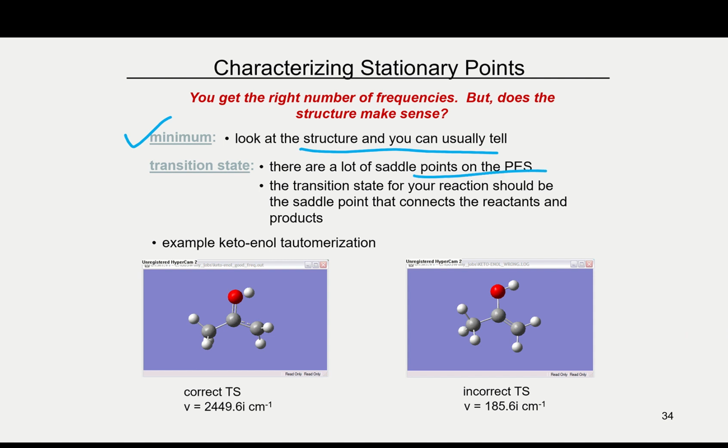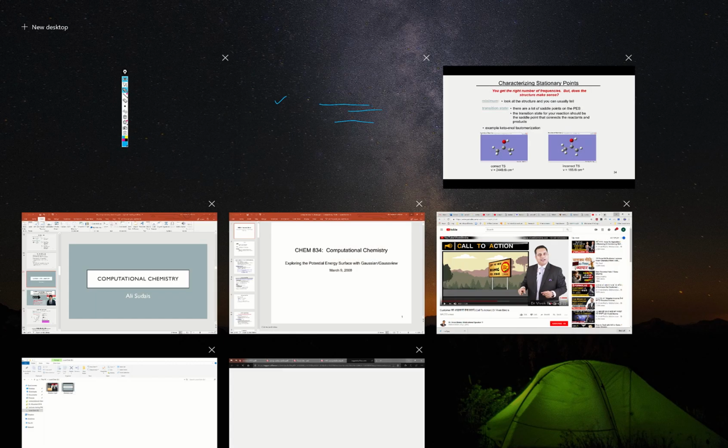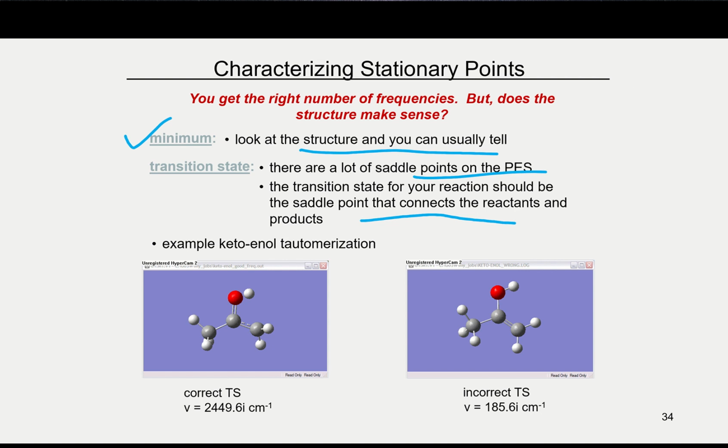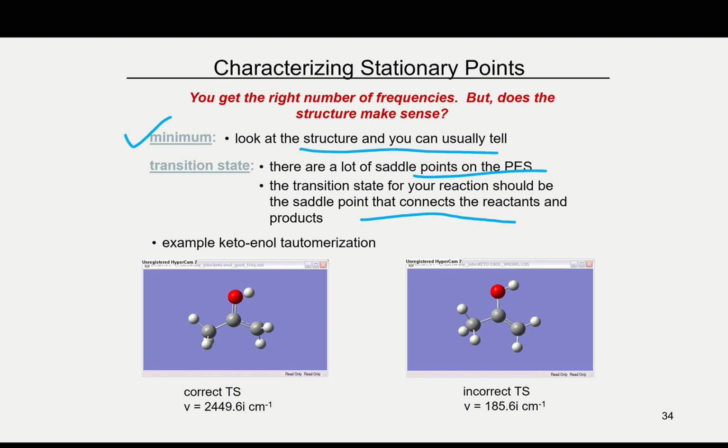The transition state for your reaction should be the saddle point that connects the reactants and products. For example, there are too many here: 1, 2, 3, etc. Now, which one is your saddle point? The one which connects exactly the reactants and the products. That will be your stationary point. That is how you can know about the stationary point. Is it clear now? I hope. I'm trying to make it easy.